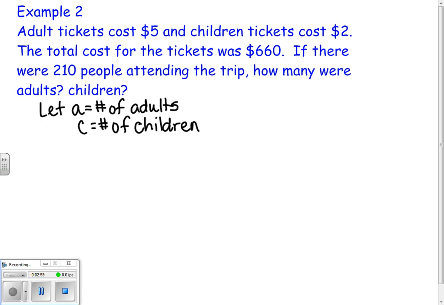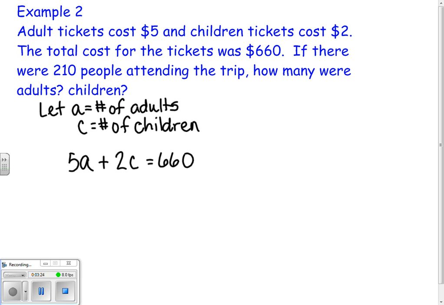All right, adult tickets cost $5 each. I know that the word each isn't there, but it's sometimes easier to understand. Each implies multiply. $5 for each adult means 5A. And children cost $2 each, so 2C. The total cost, added up, for the tickets was $660.